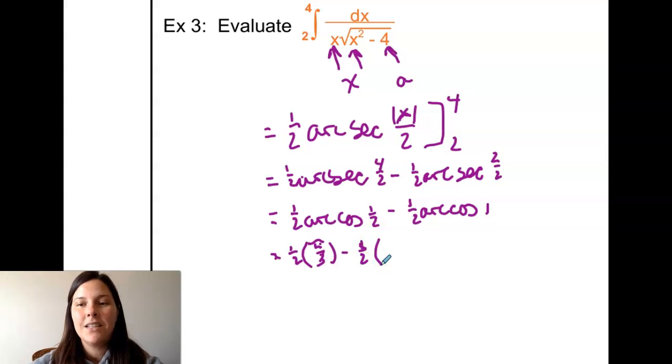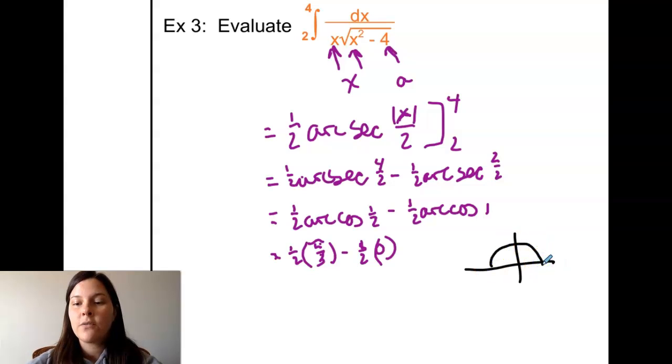What angle gives us a cosine value of 1? And that would be 0. As a reminder, when we're thinking about the range of our arc cosine function, arc cosine is the top half of the unit circle. So our arc cosine function gives us values between 0 and pi only.